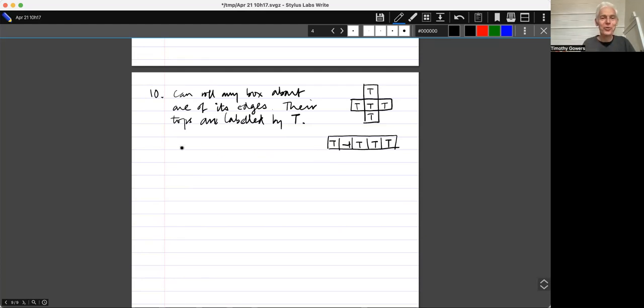Like this. Which box? That's brilliant. Not at all the question I was expecting. I was expecting sort of, can you get to this position? But actually, which box in this row was originally at the center of the cross?